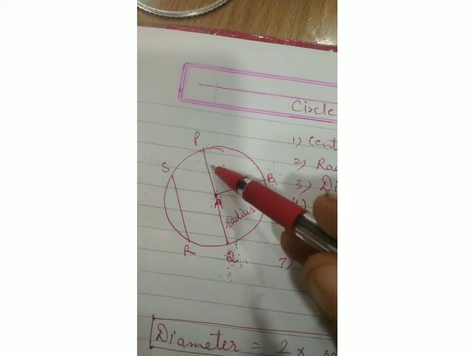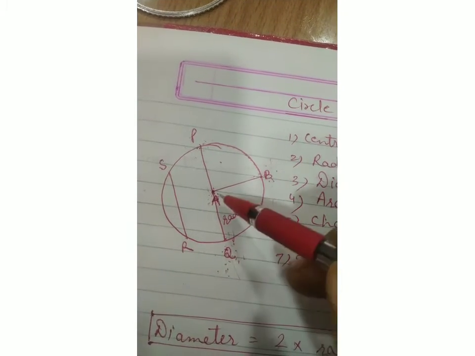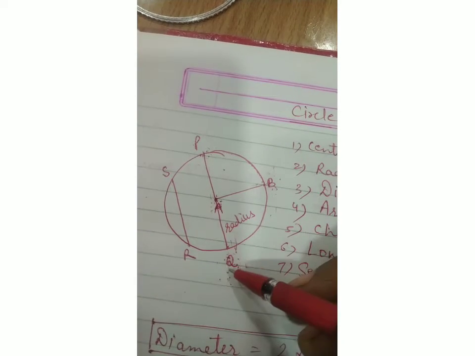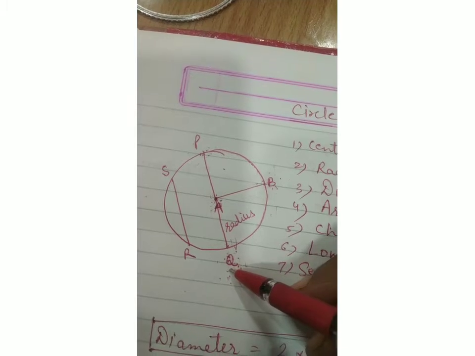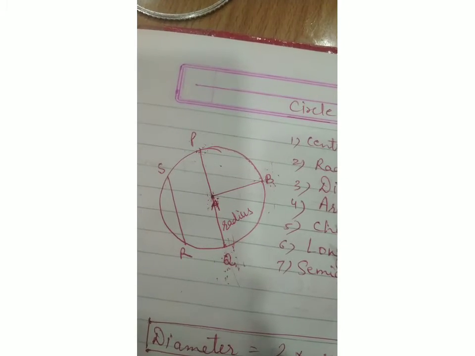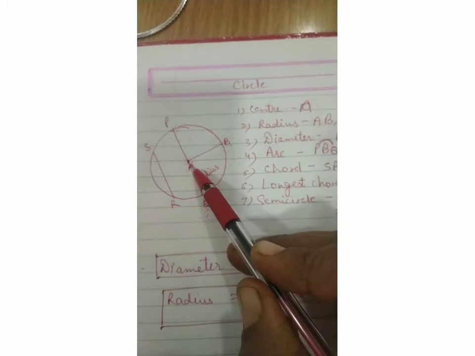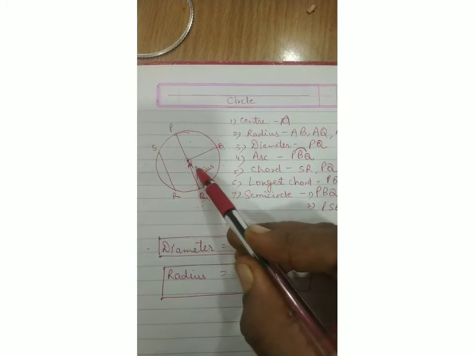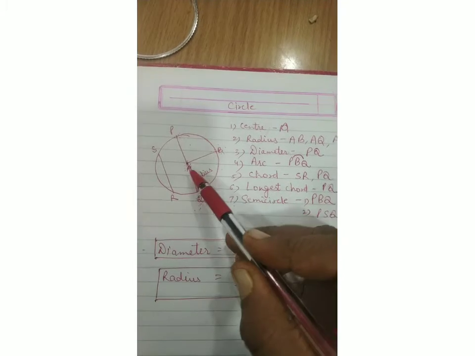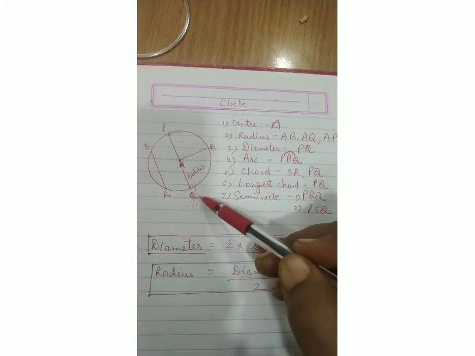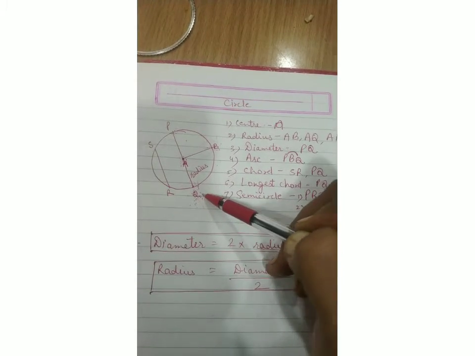Diameter is a line segment which is passing through the center of the circle, whose endpoints lie on the circle is called the diameter. Okay. So in the given figure, center is A, radius is AB and AQ. You can say AQ and AB. Diameter is PQ.